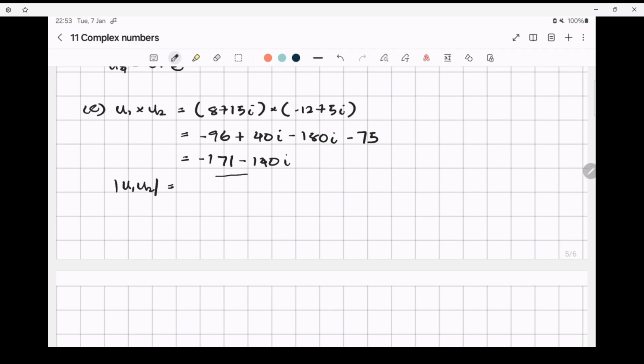That will give you the square root of 171 squared plus 140 squared, so this will be 221. And then you can find the argument of u1 u2, which is the inverse tangent of 140 over 171.